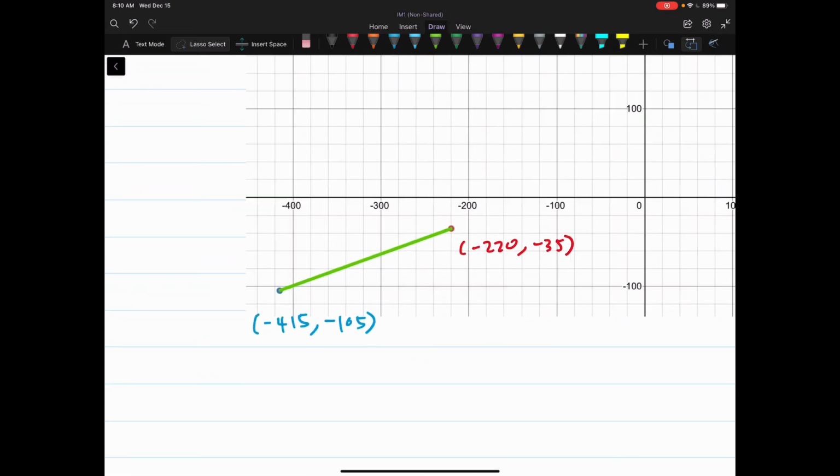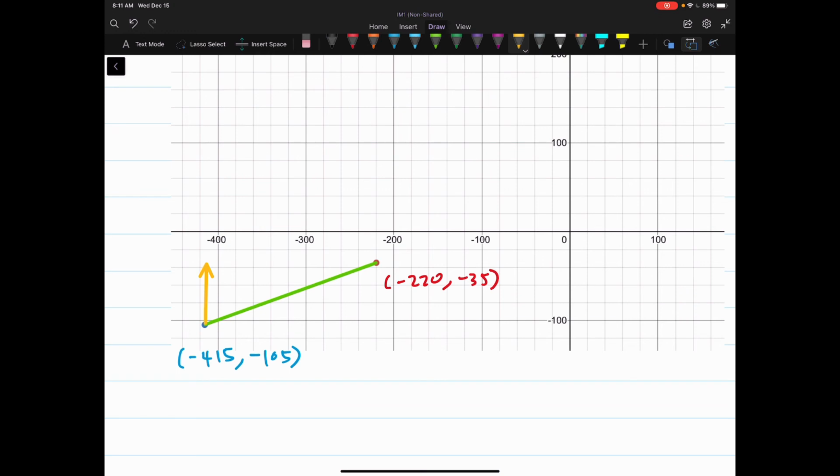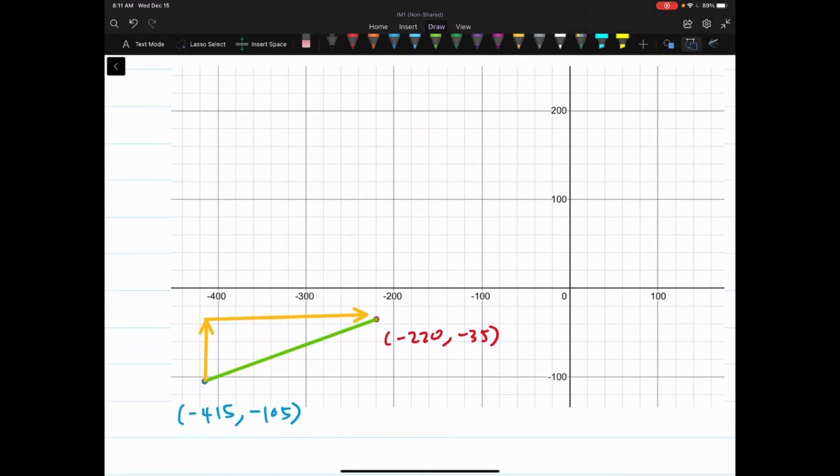I'm going to find the rise between these points. The rise is going to go from here to about right here, it seems like. And then my run is going to be from here to there.